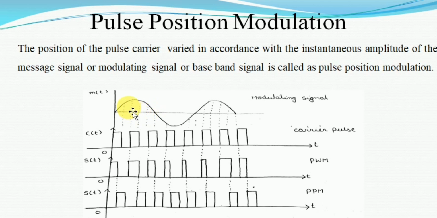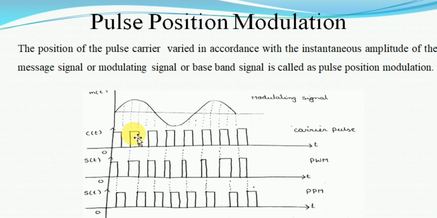Next, at this point the amplitude is varied. So what we have to do is compare the present amplitude with the previous amplitude. If it is high, in that case the width of the carrier pulse will be increased, or else the width of the carrier pulse will be decreased.